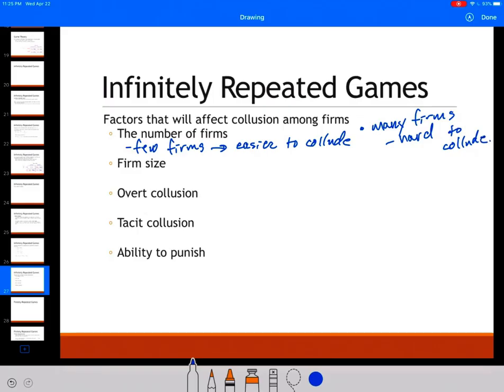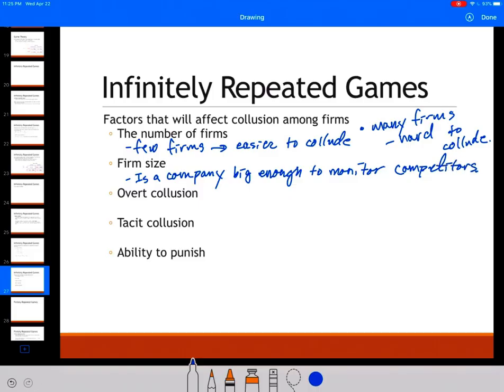Okay. Now another issue is firm size, and firm size really relates to whether a company is big enough, or has enough money, to monitor competitors, right?